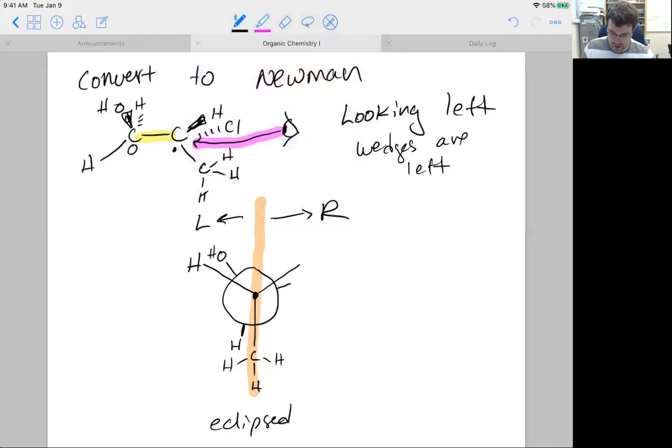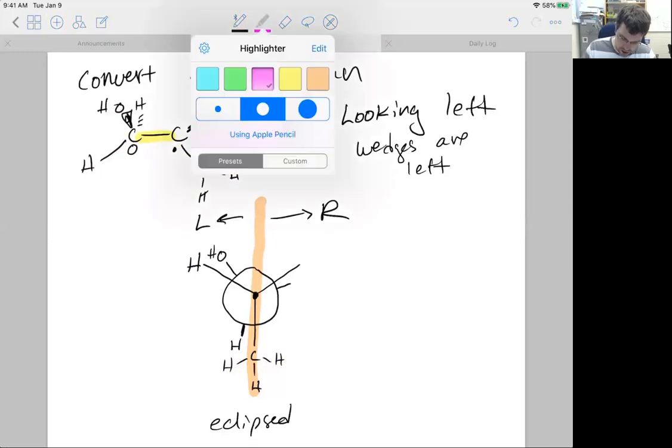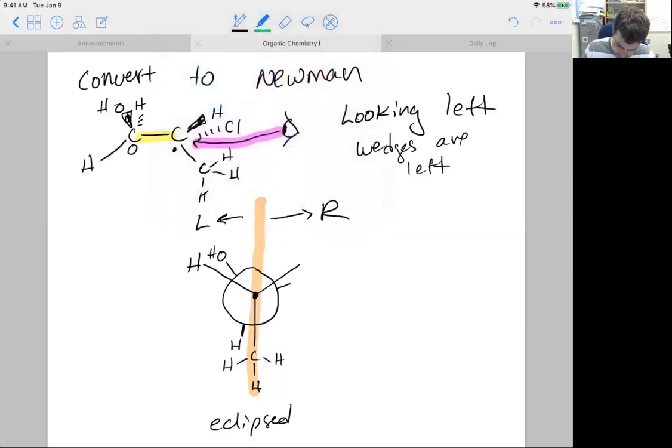And then the dashes get added to the right side. Again, we're looking left, so our wedges are on the left. The remaining positions are our dashes. And we've got a Cl that's connected to the dot and an H that's connected to the circle. So we're going to go Cl and H. You just draw what you see. Don't make it too hard.